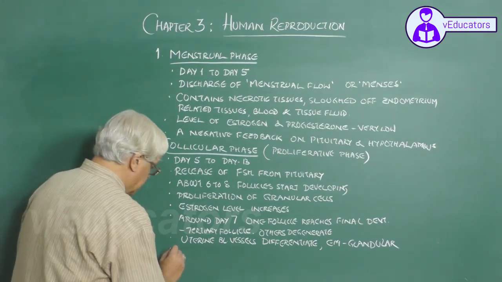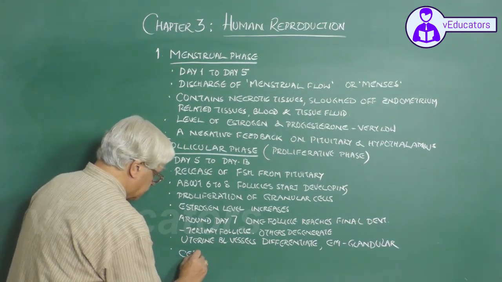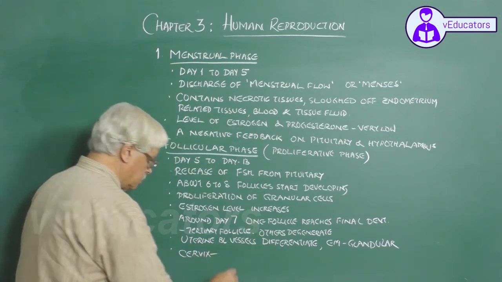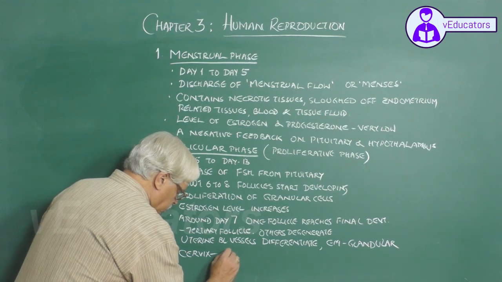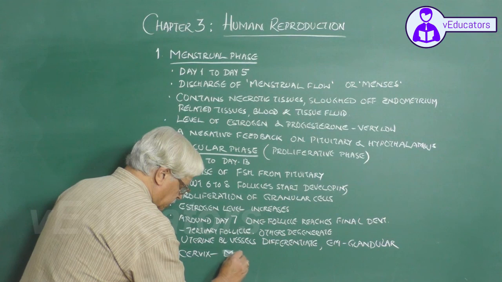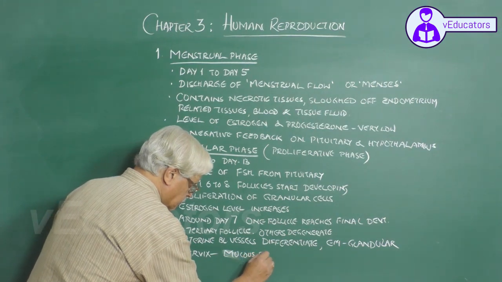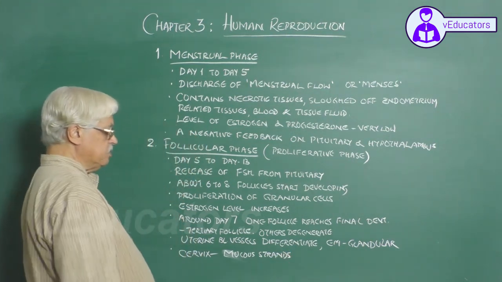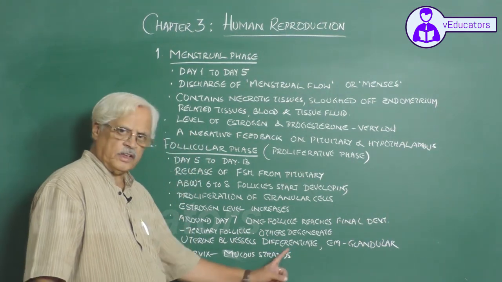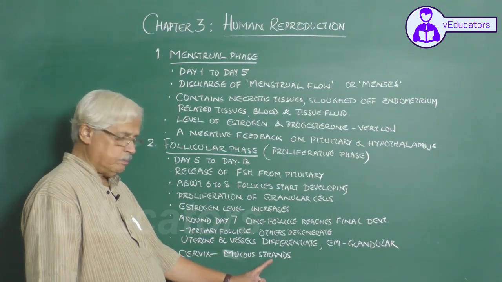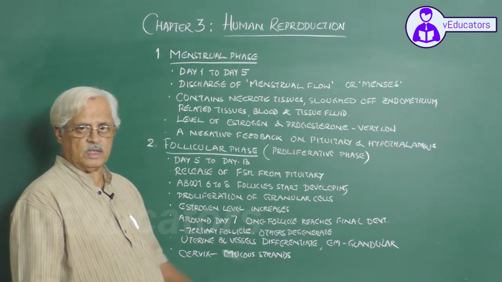In the cervix, mucous strands develop to see that in case sperms are received, they are directed to move forwards. These mucous strands help in the movement of the sperms.